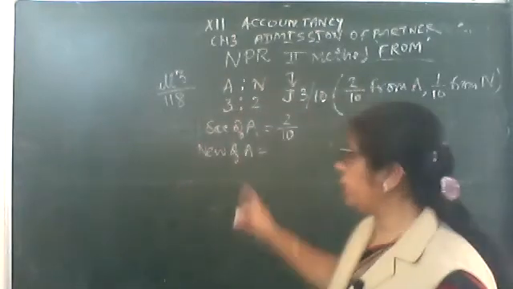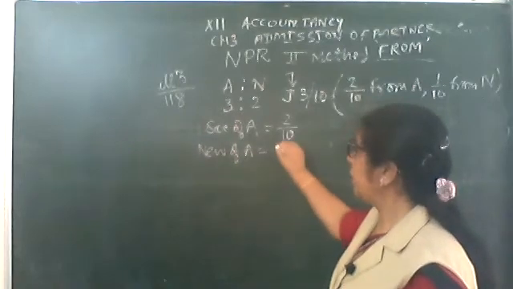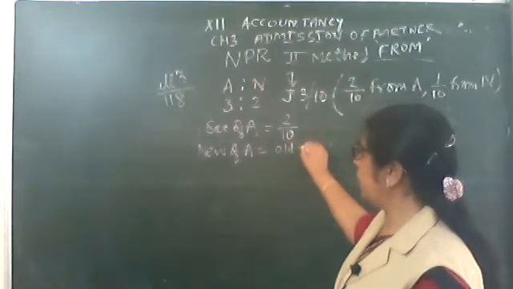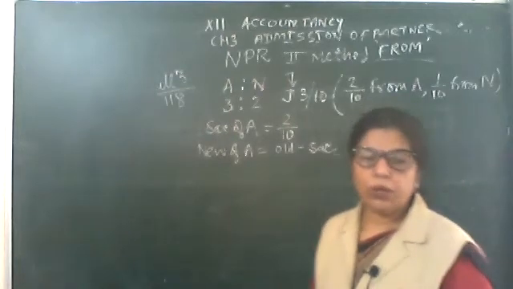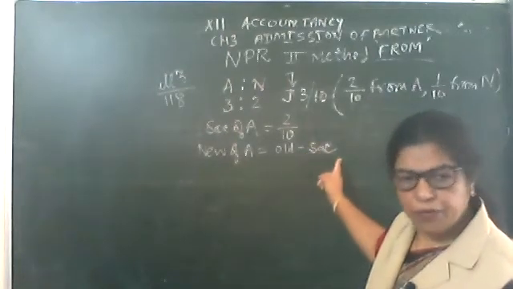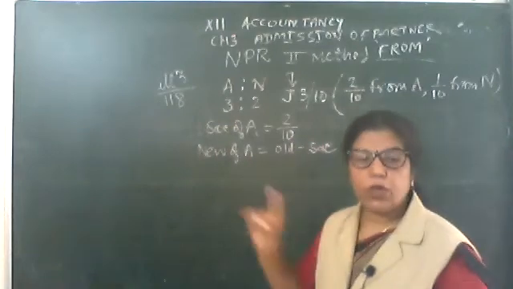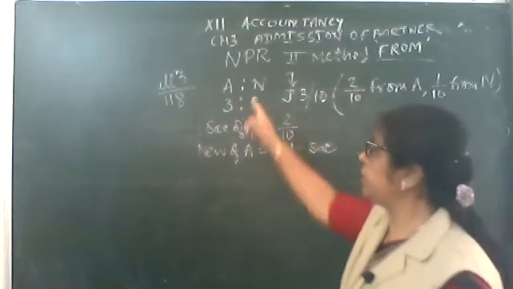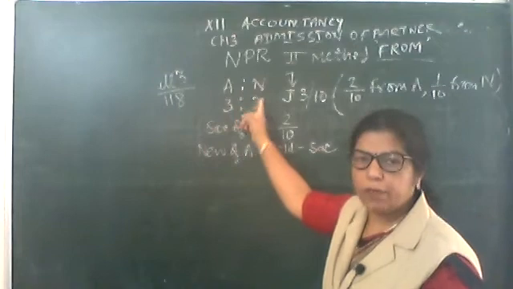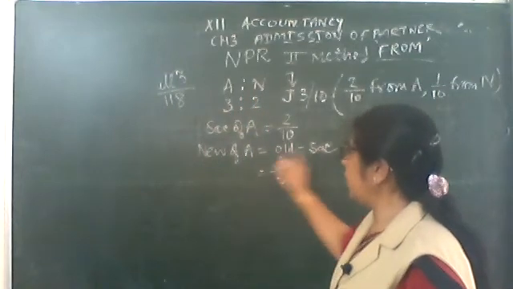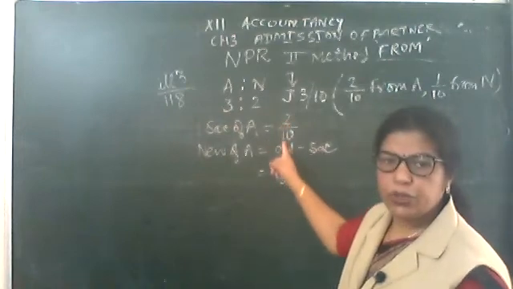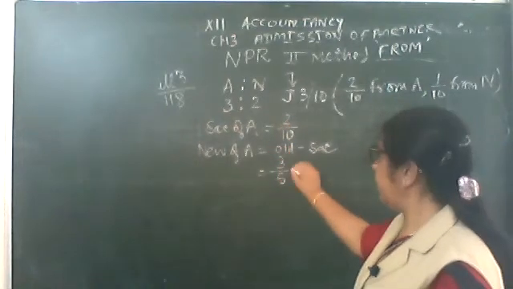So here we will calculate the new share in a simple way: old minus sacrifice. Now see, what is A's old ratio? That is 3/5. What is his sacrifice? 2/10.